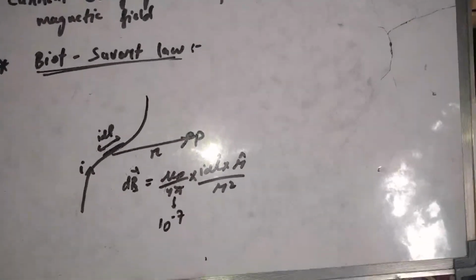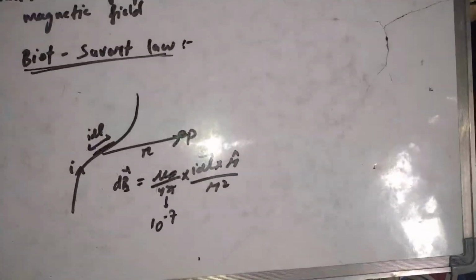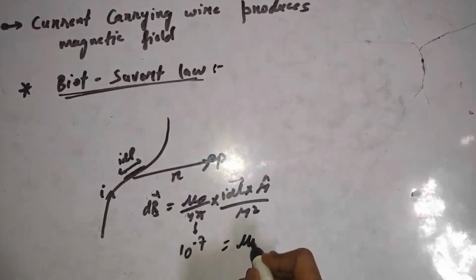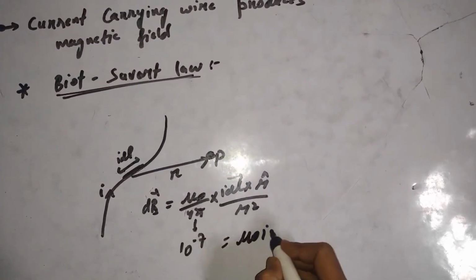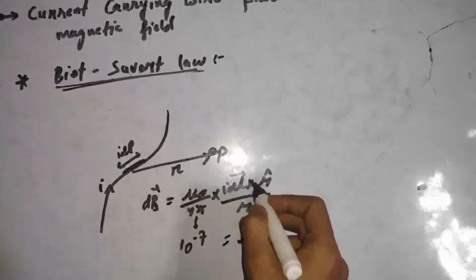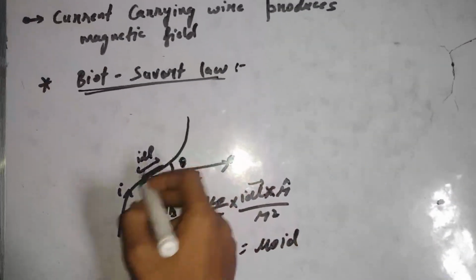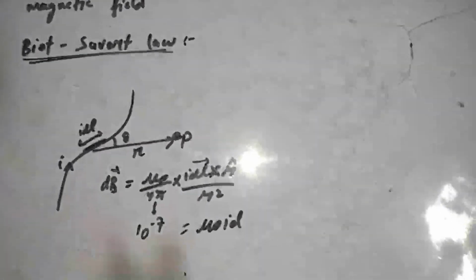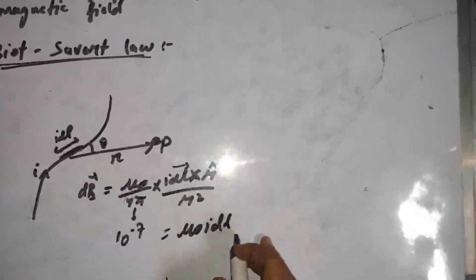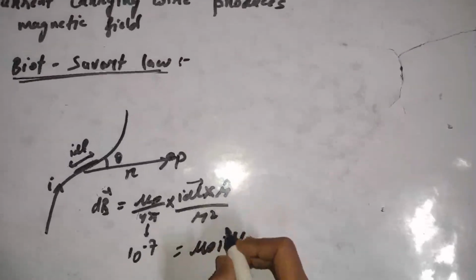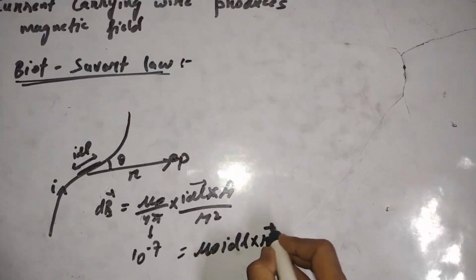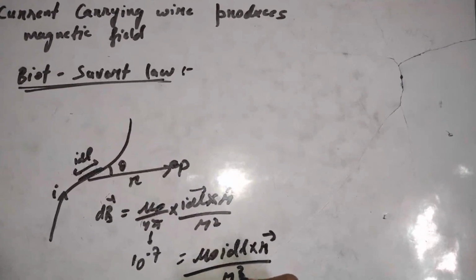So that is about the Biot-Savart law, and there is another form to express this. Because this is a cross product, the angle taken is the angle between the distance vector and this I dL vector, and so this is also expressed as I dL cross r vector upon r cube.